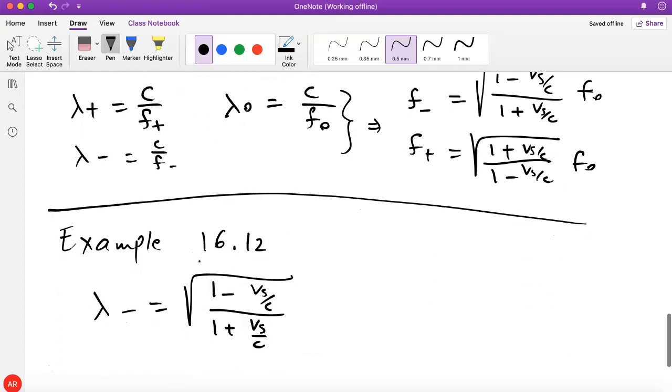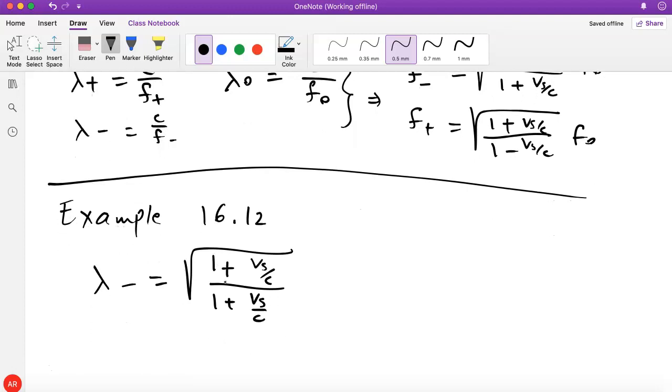No, that's not the correct answer. Lambda must get larger, right? So that's plus, that's minus, times lambda naught. Okay, so we know the natural wavelength emitted by hydrogen atoms. We know the wavelength that we measure.